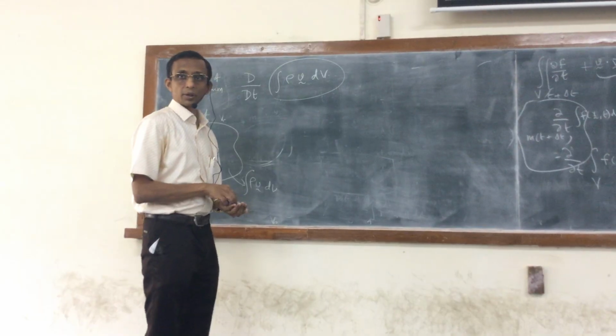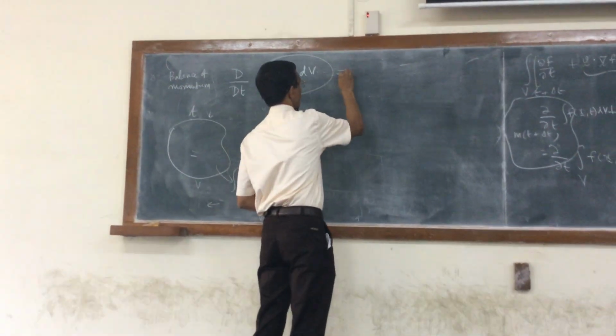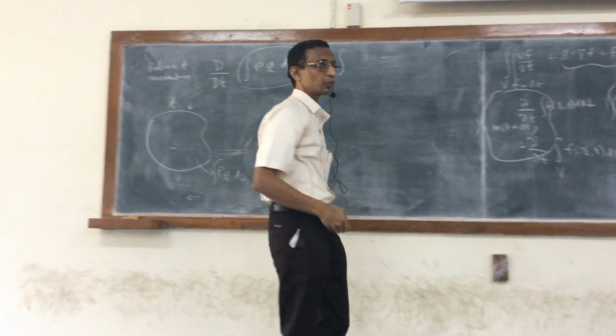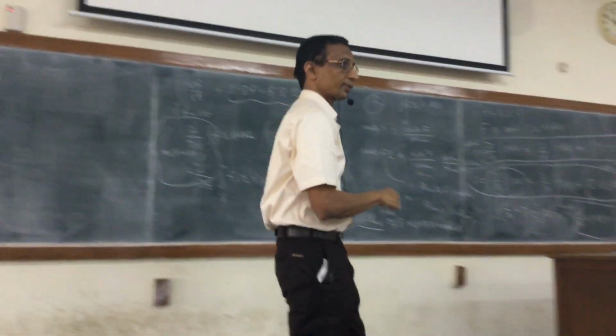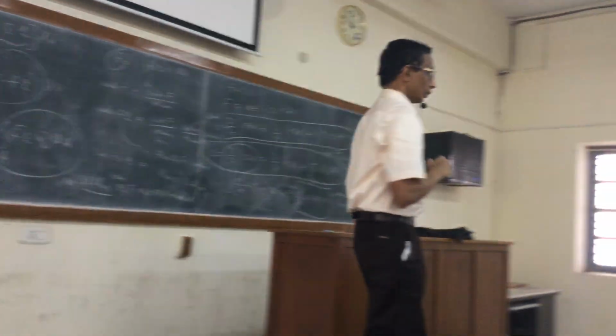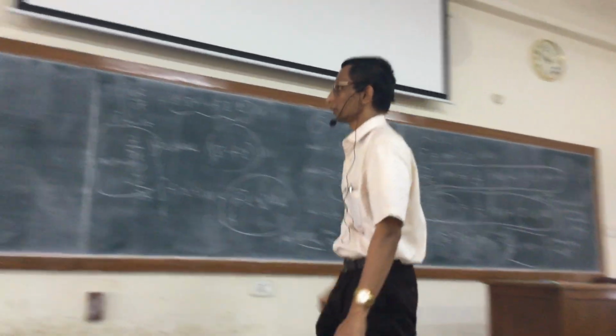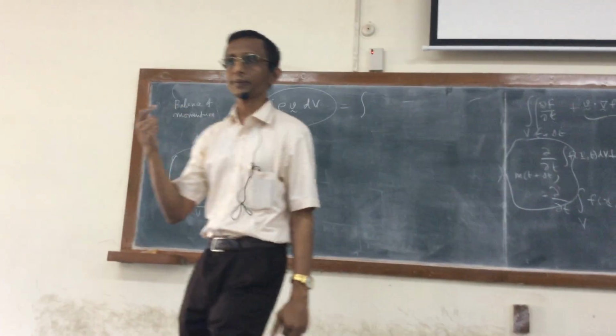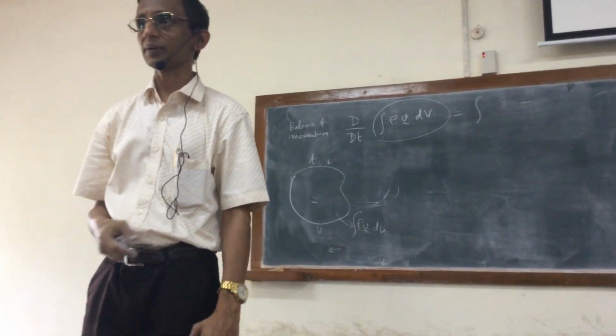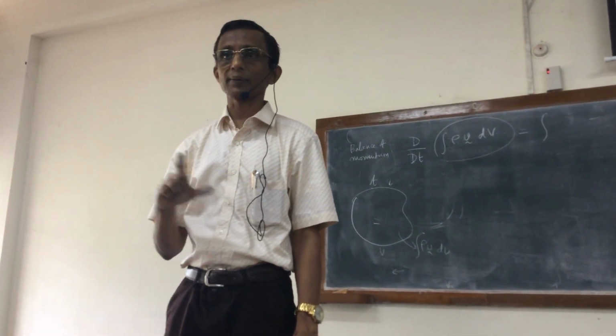And what Euler's law of balance of momentum says is that this is now equal to the net force acting on the body. The net force, as we have already seen in the initial lectures, is composed of two parts in continuum mechanics.